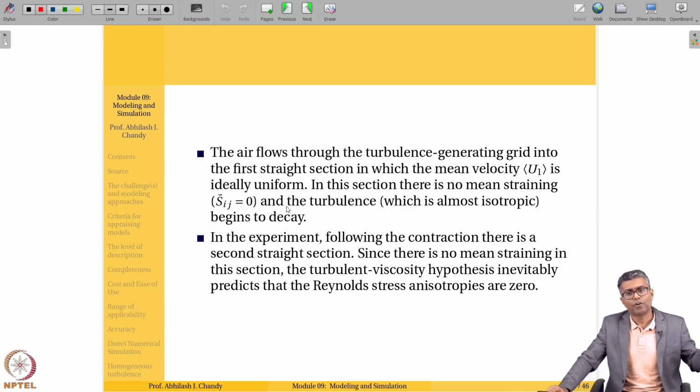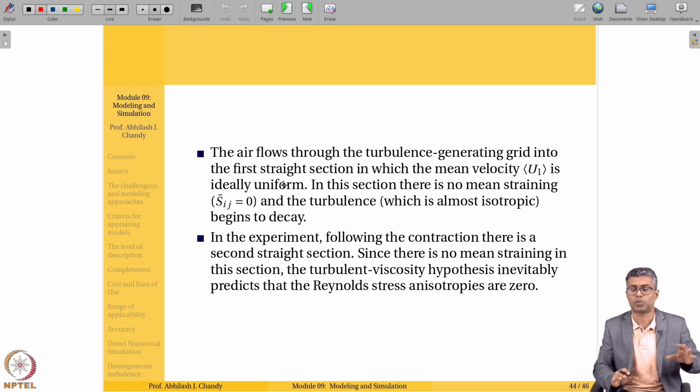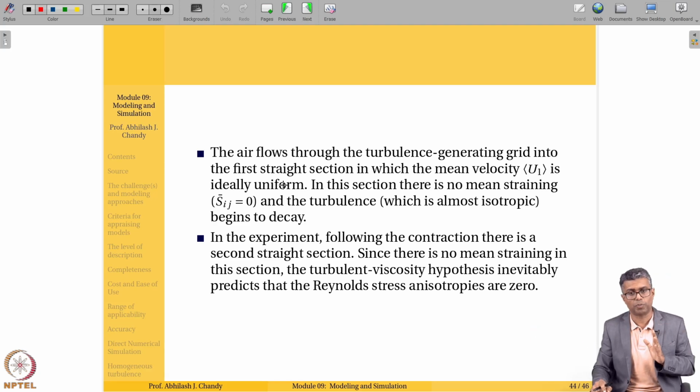The air flows through this turbulence generating grid into the first straight section, in which the mean velocity is ideally uniform, because there is no contraction. Once all the transients have passed, the mean velocity is going to be uniform. So that means there is no mean straining, and the turbulence begins to decay.